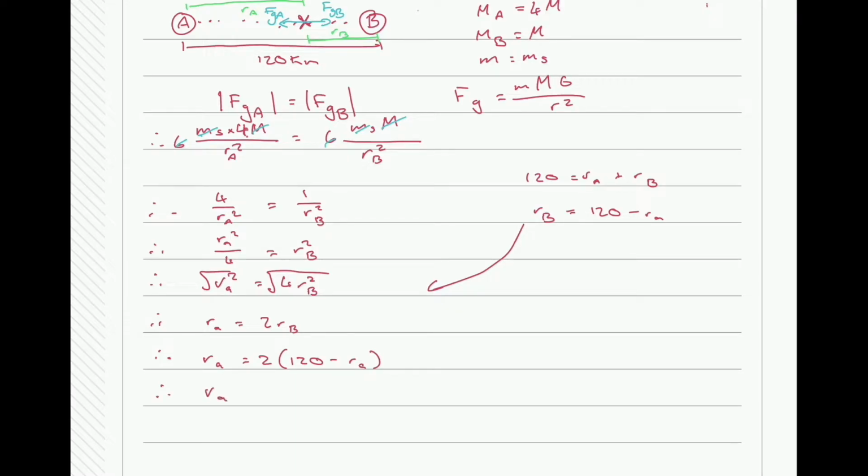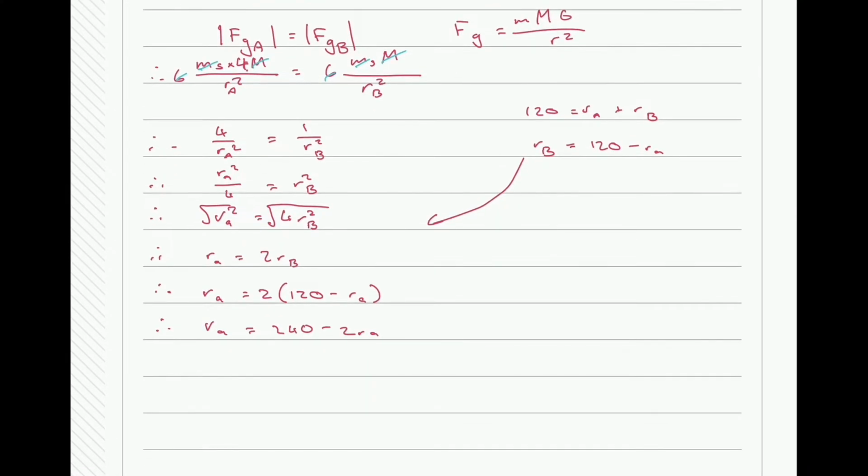What I end up getting, RA is 240 minus 2RA. I end up getting 3RA over here because I'm moving that, is equal to 240. Therefore, RA is equal to 240 over 3. So 240 divided by 3 is 80.